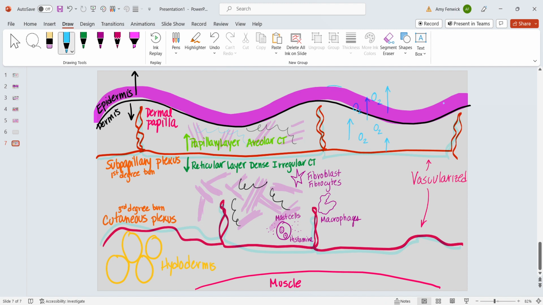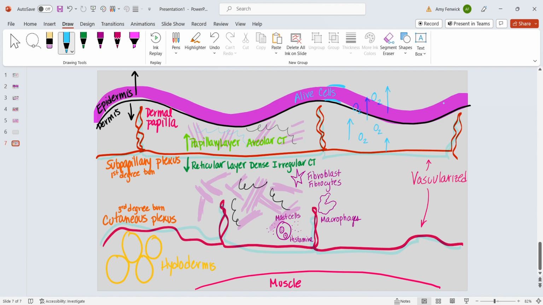Remember, I keep saying that everybody thinks this is the borderline. That is not. This is the borderline right here. And this borderline contains the alive cells in it. And it's these cells that are receiving the oxygen from the subpapillary plexus.